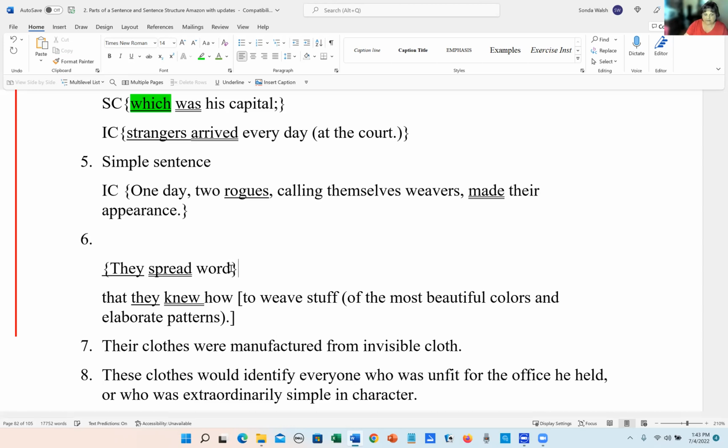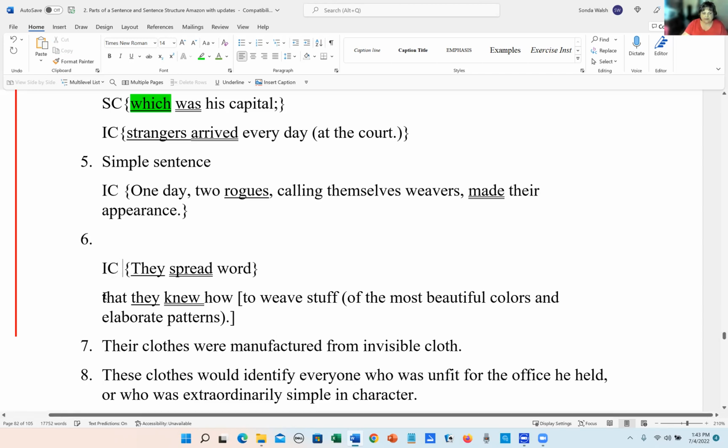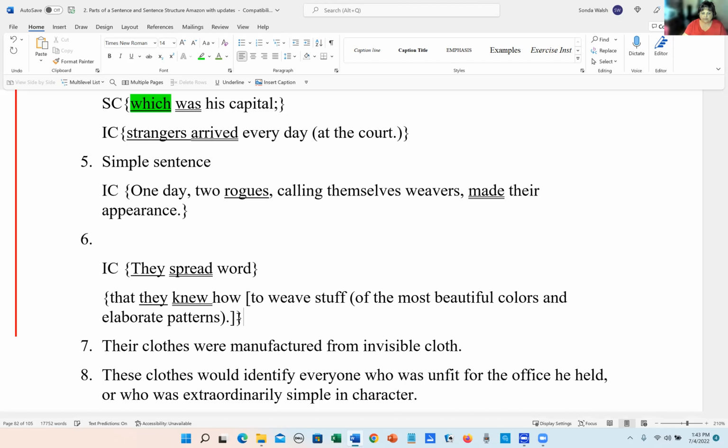Now we look at our subject. We go to the left and ask, are there any subordinating conjunctions or relative pronouns? No. So that makes this an independent clause. And then the next one, we're going to put a bracket around the entire thing because we only have one set of subjects and verbs.